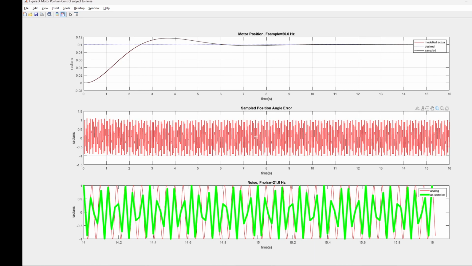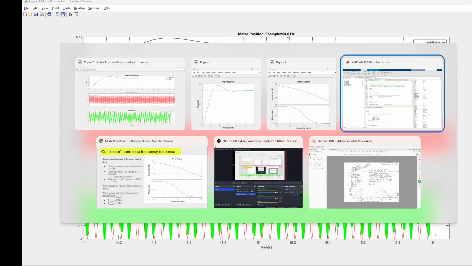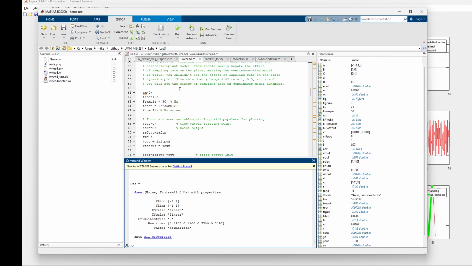It doesn't even appear to affect our performance much. Now, obviously, if we had a DC bias to it, or a slowly varying component, that would be another matter. But with this perfect sinusoid noise model, we're relatively insensitive to it at that frequency when we sample at 50 hertz. So let's look at 10 hertz and see what happens.